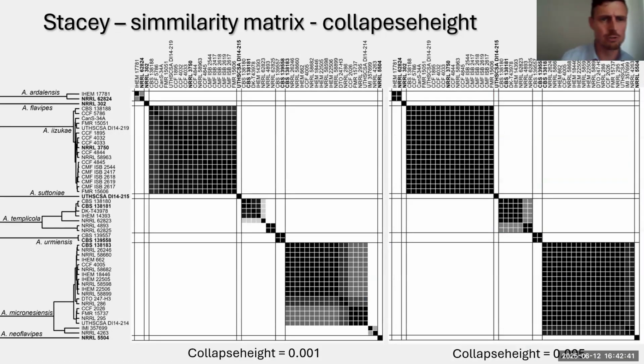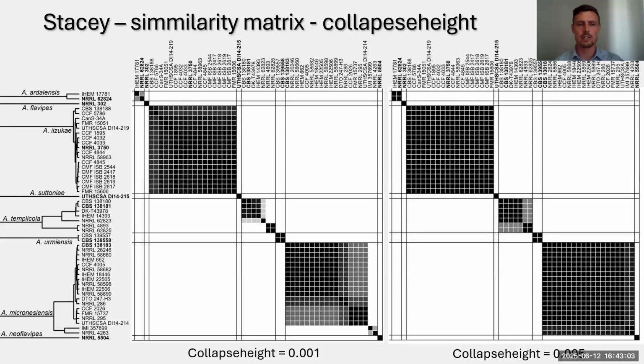So back to Stacy. As I said, it's a typical practice to use several different values of the collapse height parameter, and this is the representation of the results.